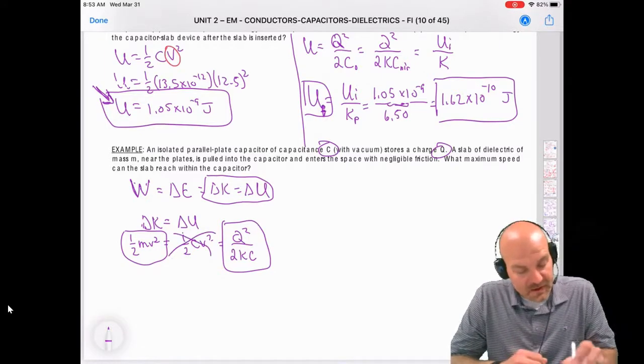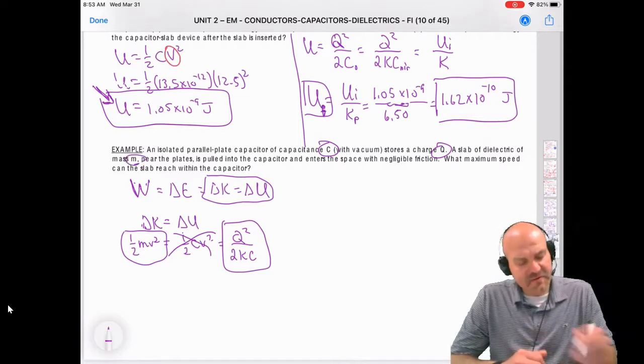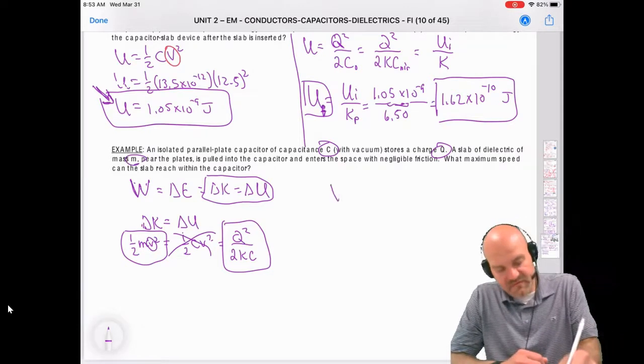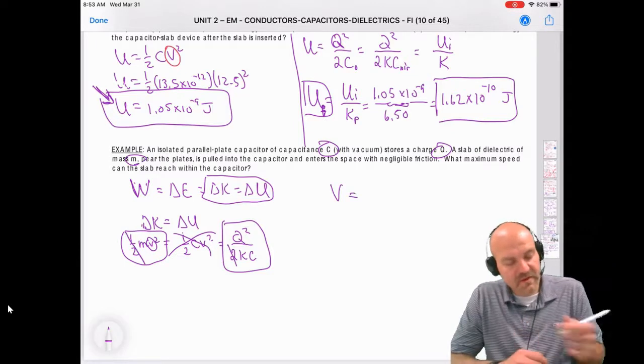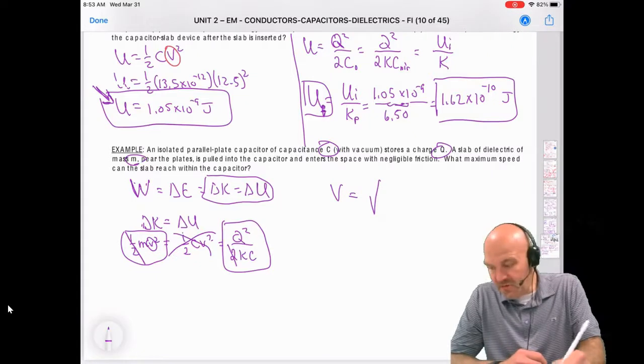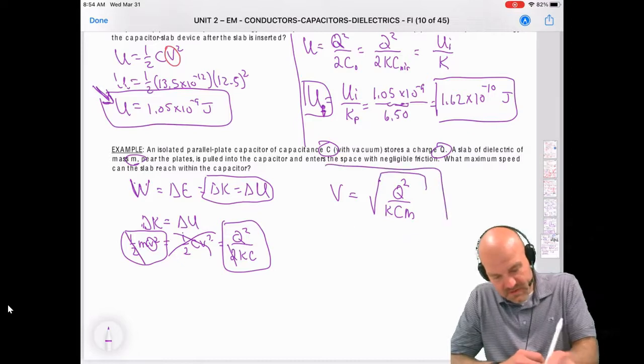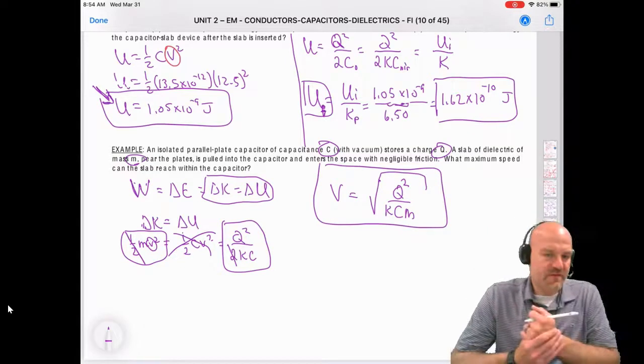We have a mass, so we're going to solve this for V. The 1/2s cancel out, and I end up with the square root of Q squared over kappa C m. And simply enough, there's my speed.